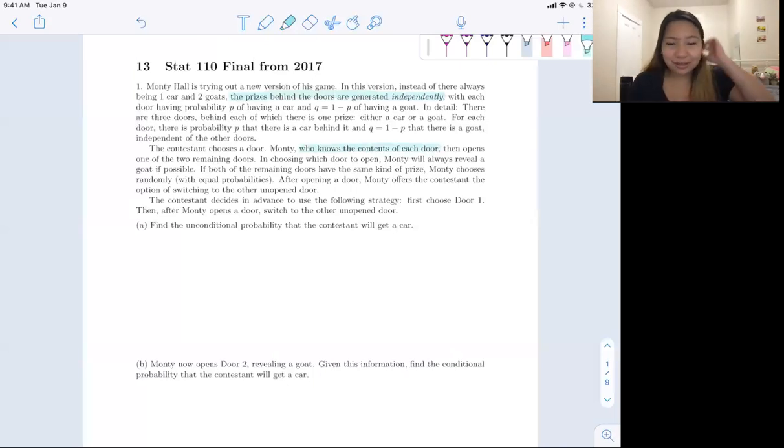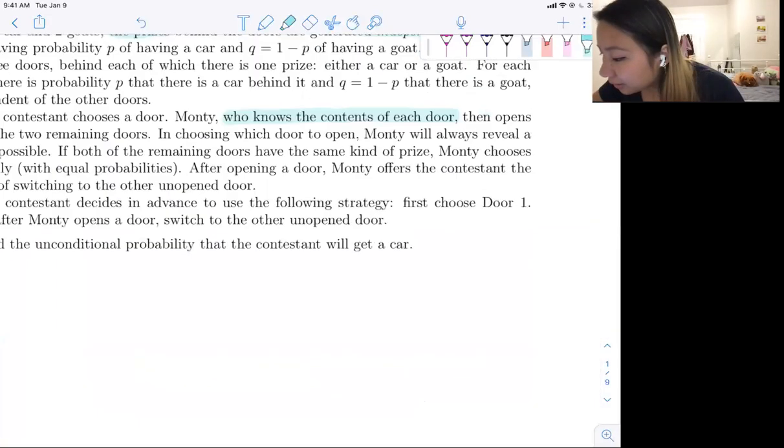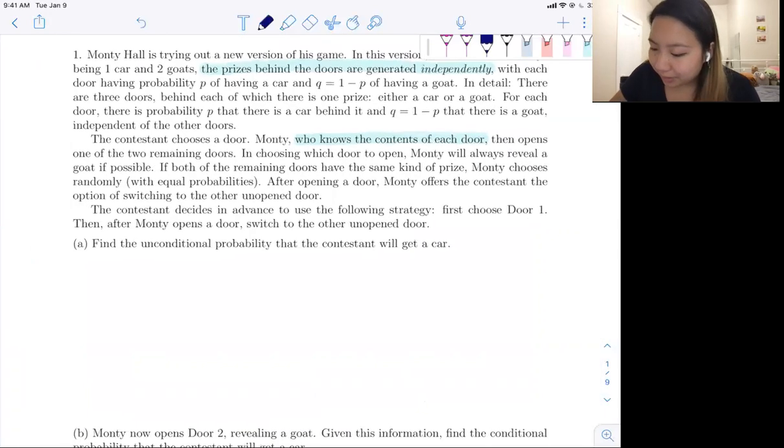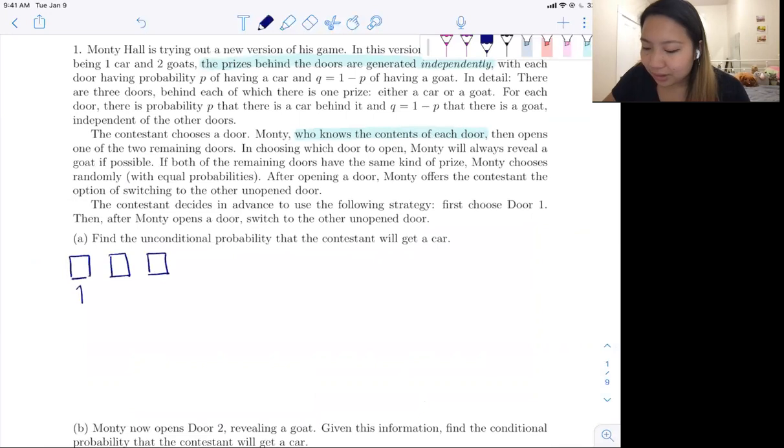Let's do part A. Find the unconditional probability that the contestant will choose the car. So we have a few scenarios here. We have our 3 doors, and just like in the usual case, we start off at door 1, then Monty will open a door, say Monty opens this door, then we'll switch here and get that prize.